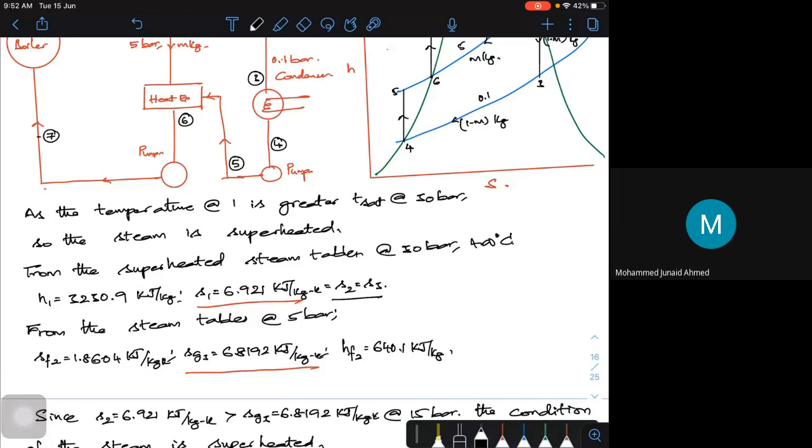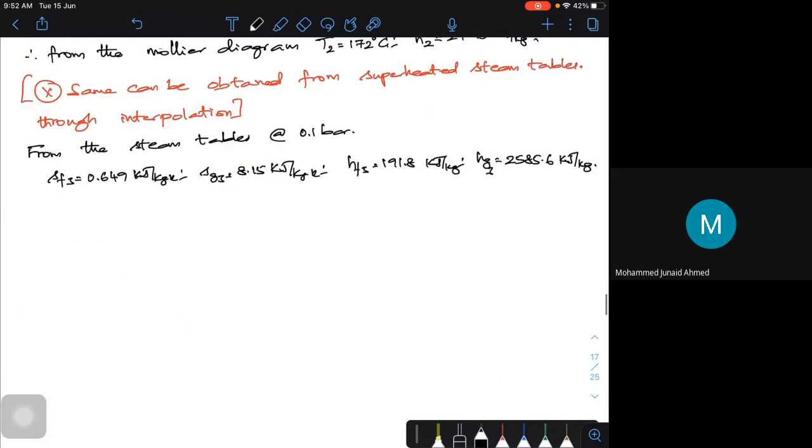Therefore, S2 is equal to S3. But what is S3? S3 is equal to SF3 plus X3 into SG3 minus SF3.